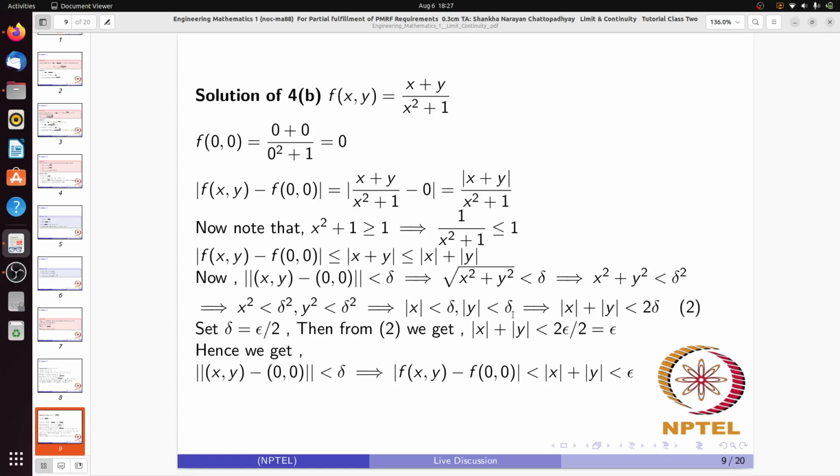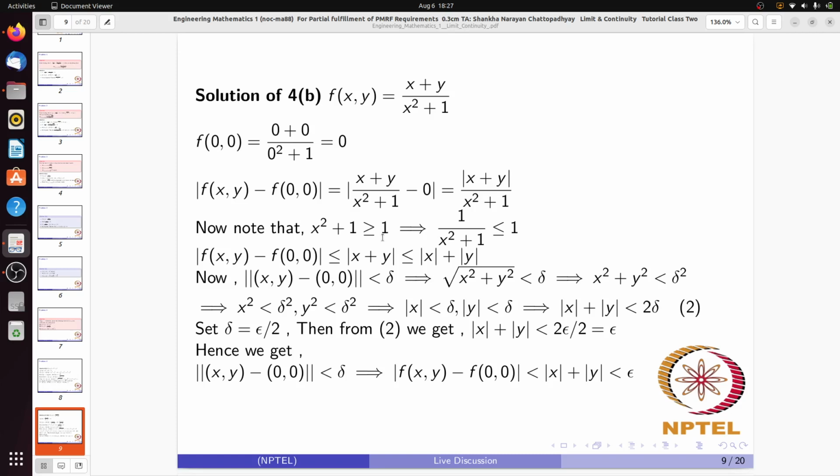So modulus of f(x,y) minus f(0,0), this is nothing but modulus of (x plus y) divided by (x square plus 1) minus 0. What does it give? It is giving modulus of (x plus y) by (x square plus 1). We have to note that x square plus 1 is greater than or equal to 1. Why?